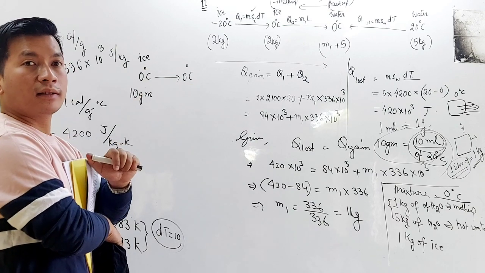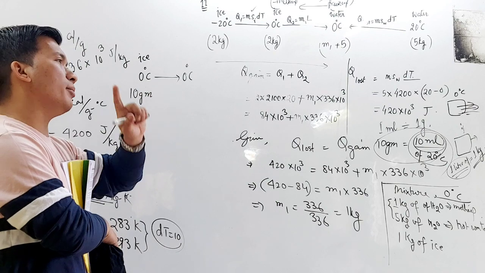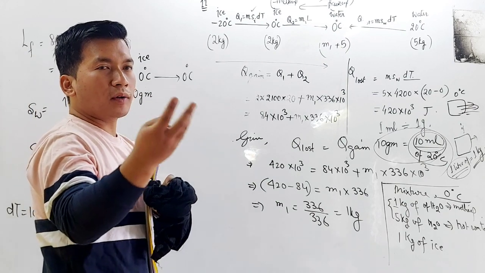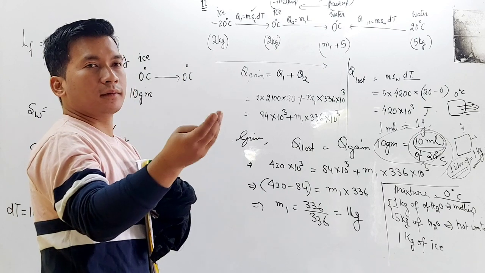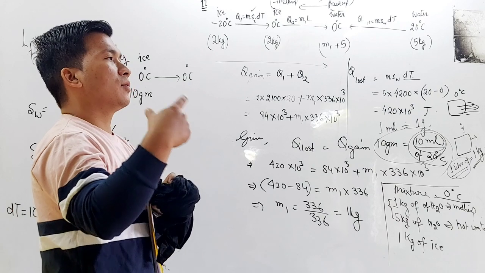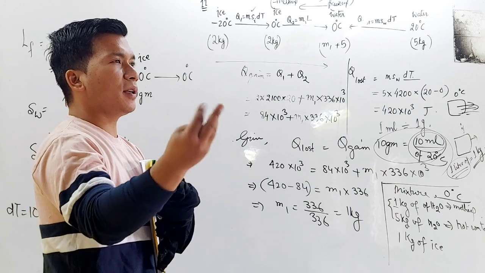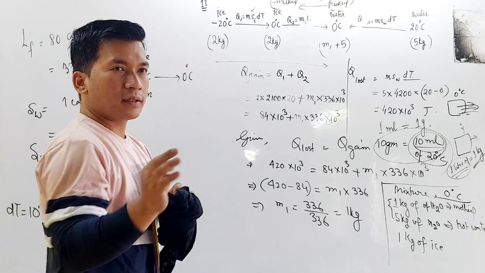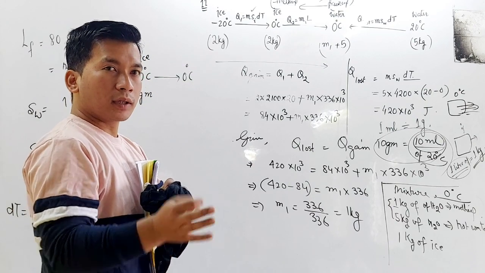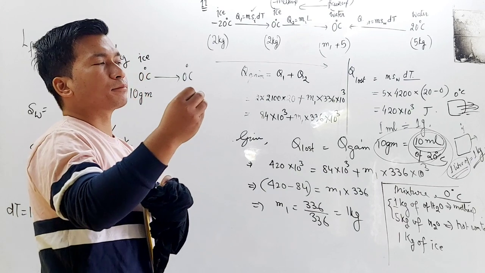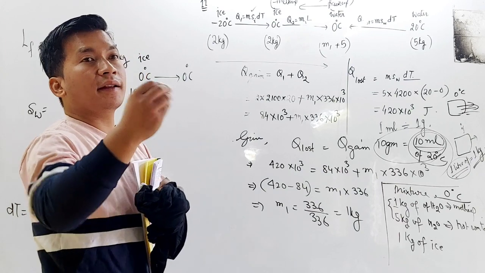In the first type of question, what is the amount of water present after mixing? Next, what is the temperature of the mixture? And the other question, what is the mass of the ice that is melted.